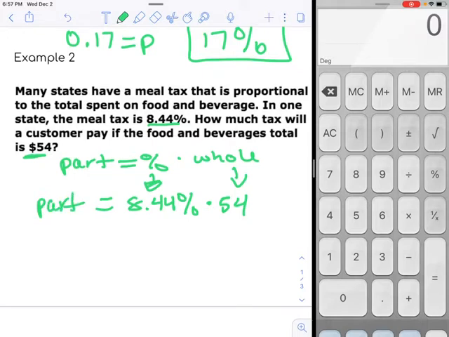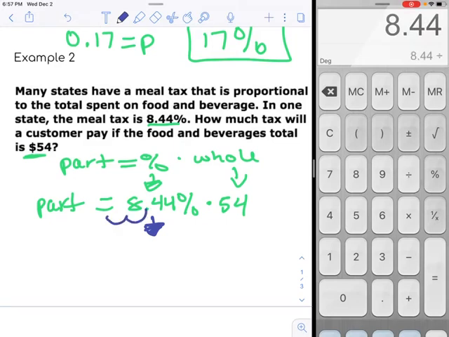how much I pay in tax. Now, to solve this, the first thing I have to do is turn this percent into a decimal. Some of you might be saying, well, Ms. Huber, it's already in decimal form. Technically, yes, but it's also a decimal within a percent. It's 8.44%, so we still need to divide to turn it into an actual decimal. You can divide by 100, or you can just move the decimal place over 2 times to the left.